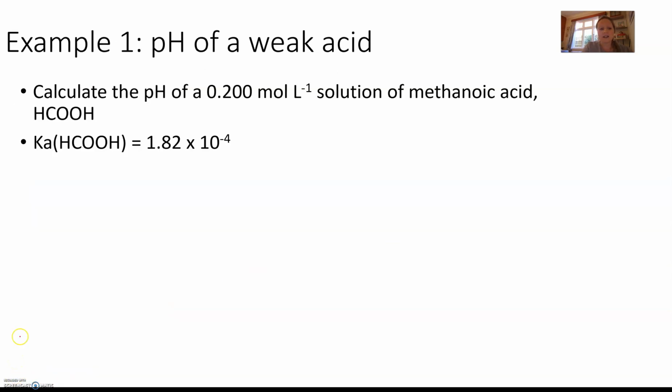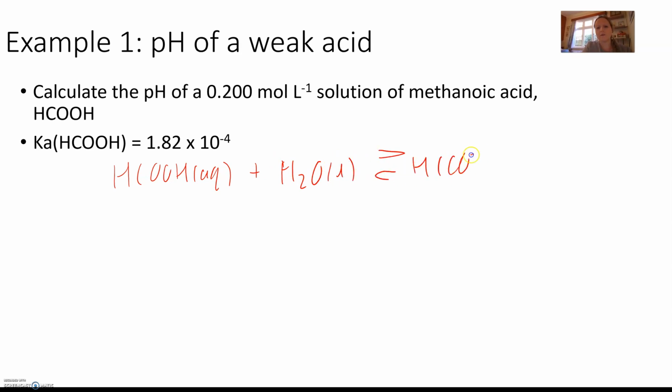So let's look at an example together, guys, so we can make sure that we can do this. Calculate the pH of a 0.2 mole per litre solution of methanoic acid, and they've given a Ka. You'll always be given the Ka. You always start by writing an equation. So methanoic acid plus H2O, every problem should have an equation, goes to methanoate, HCOO- plus H3O+. Step 2 is to write a Ka.